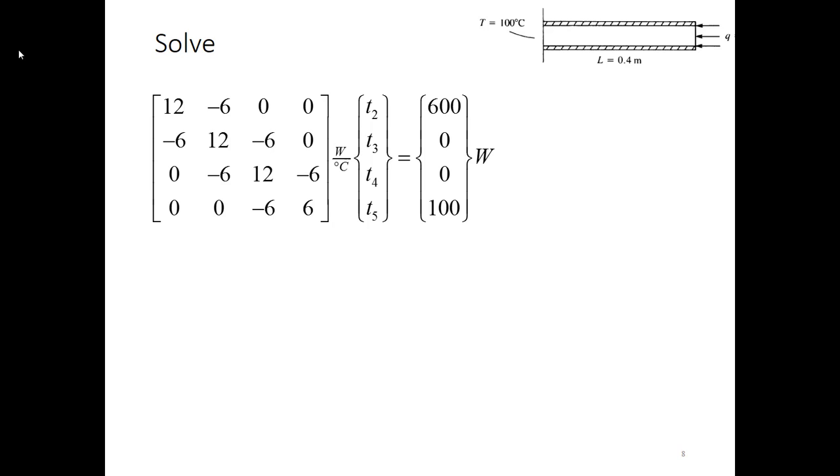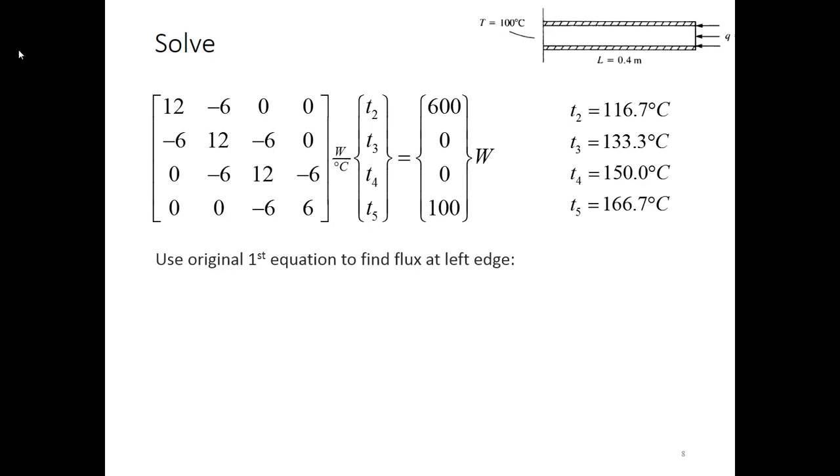Since I'm solving the problem by hand, I can now drop the first row and column and get a 4x4 matrix where I've got my 600 watts that came from moving the term over from the left-hand side, and the 100 watts, which is the given heat flux from the Q term. This 4x4 matrix, I can solve using your solution method of choice, and you get your temperatures at each one of the nodes, T2 through T5.